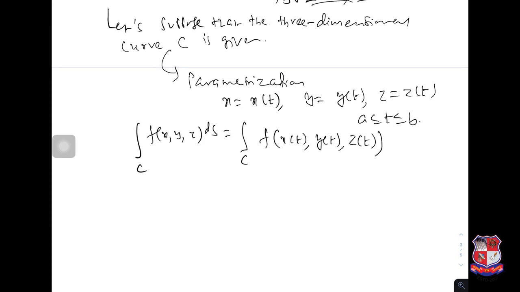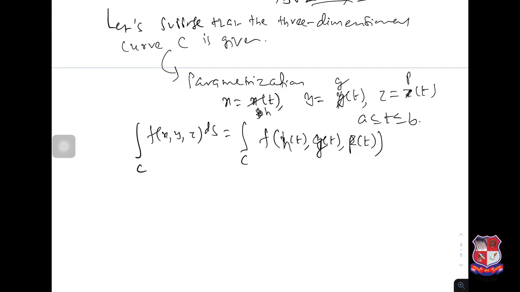This x, y, z is a Cartesian variable and this x of t, y of t, z of t is a parameterization. Okay, even if you have any confusion, you can write, say, some h, then this is g, and this is something, say, p also. Okay, so that here you are having, say, h, then g and p.